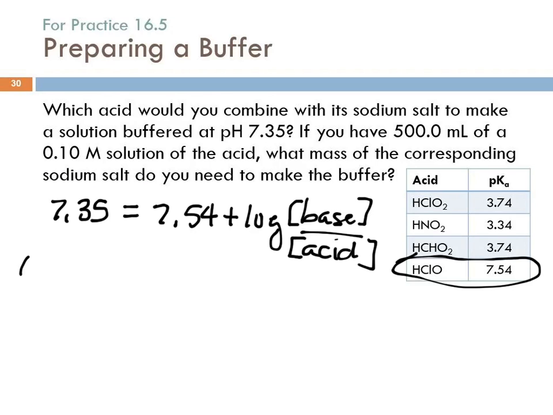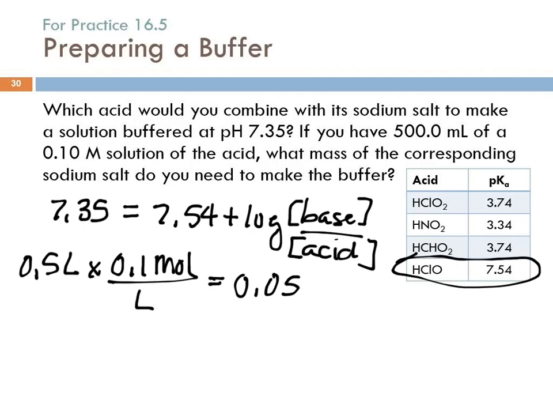So 0.5 liters times 0.1 moles per liter is going to be what? 0.05. And there really should be 2 sig figs in there. Moles of the acid. Everybody cool with that? So this is the number that I want to stick in here, and then I'm going to solve for moles of base.